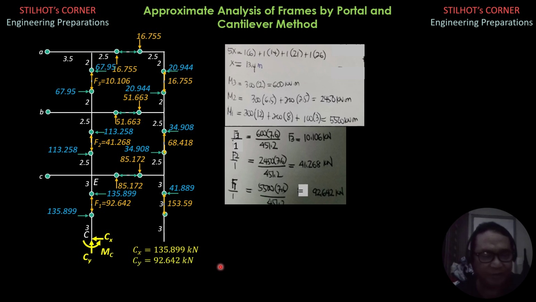Cy, 92.642 kilonewtons, and that's upward. And Mc is equal to 135.899 times 3, 407.697 kilonewton meters counterclockwise as shown. So that's it for this video.